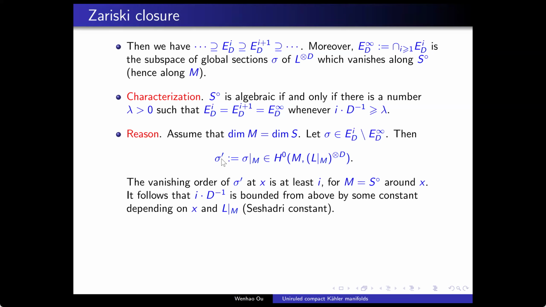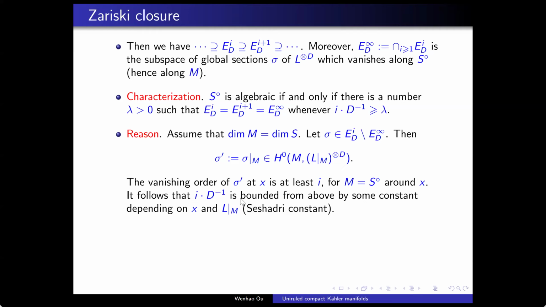So I have a global section of some ample line bundle, and the vanishing order of sigma prime at x is indeed equal to the vanishing order of sigma restricted to S0 at x, because S0 and M are the same around x. So the vanishing order of sigma prime at x is at least I.